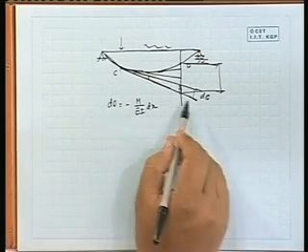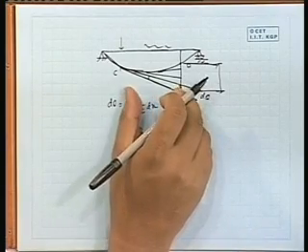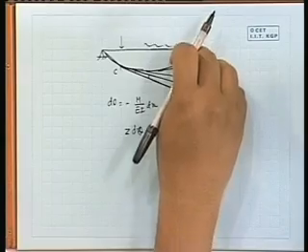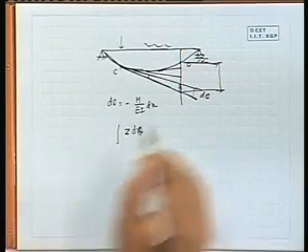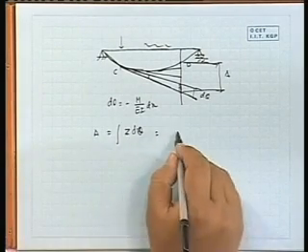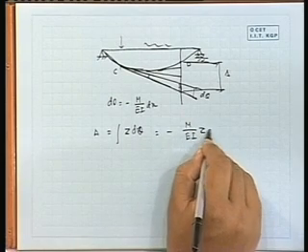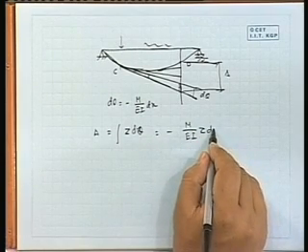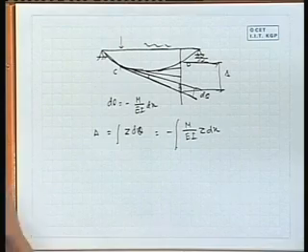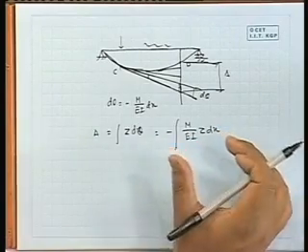Now I am trying to tell that from here, d theta into some distance, say z, and if you go on accumulating, integrating that, and if that is delta, you should get this delta, which is nothing but minus M by EI into z into dx. Here z and x will be taken in a similar fashion, because you have to integrate dx.